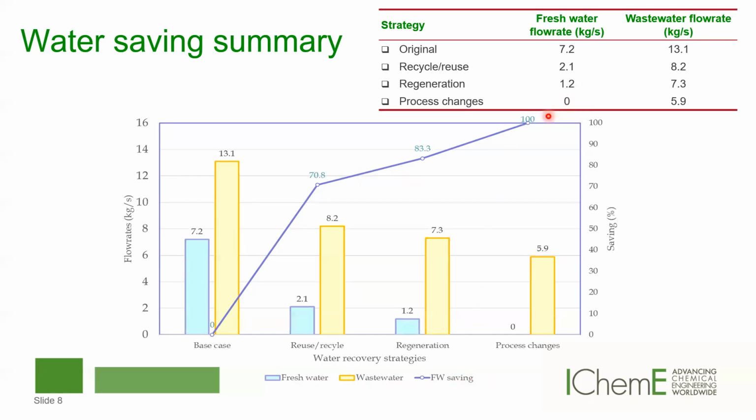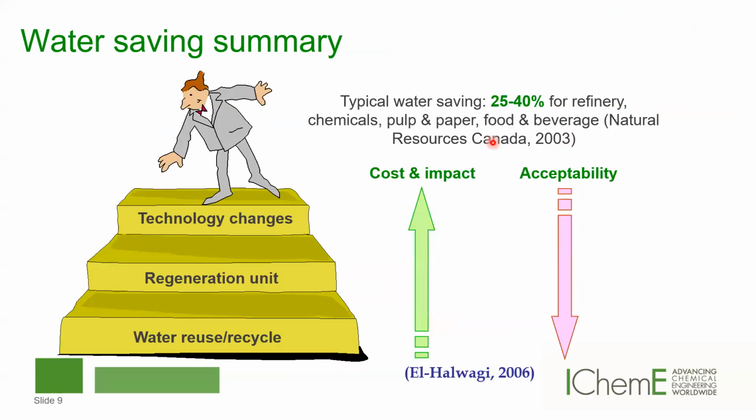So as you can see, in the last strategy, the saving is 100% because there's already zero requirement. So the saving for freshwater is 100%. There is a hierarchy in the water saving.